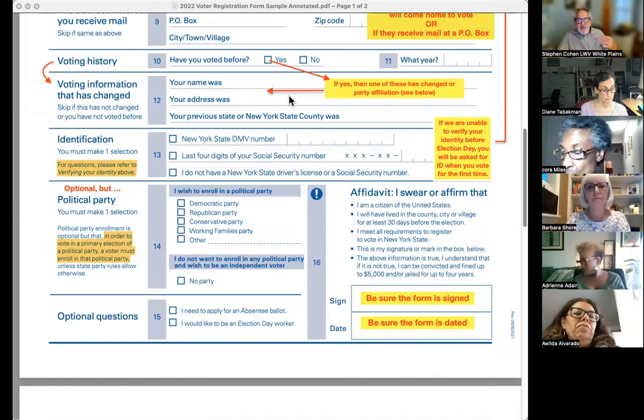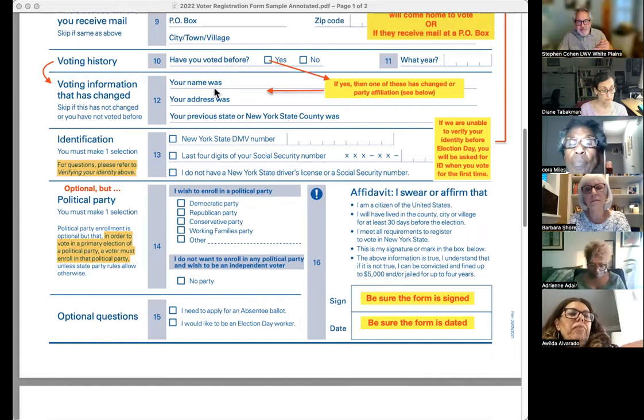If an individual wishes to register under a new name, a new address, or change the county in which they reside, or the state in which they resided, or they wish to change their party affiliation, this is the starting point for that.